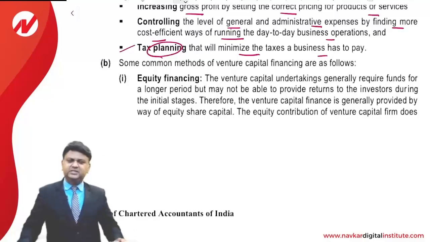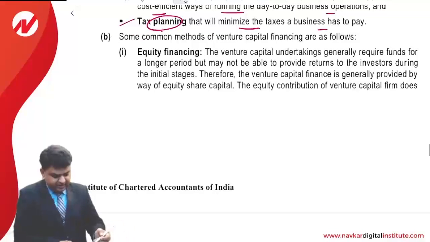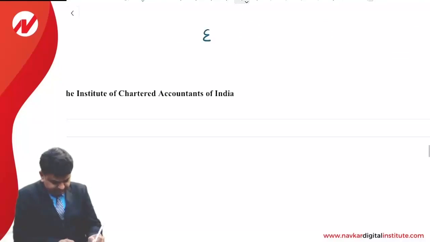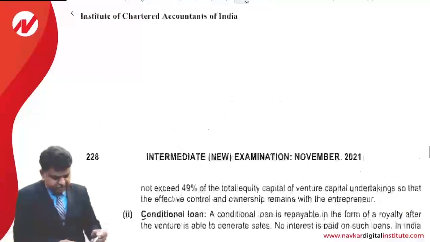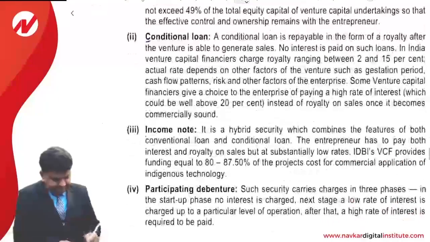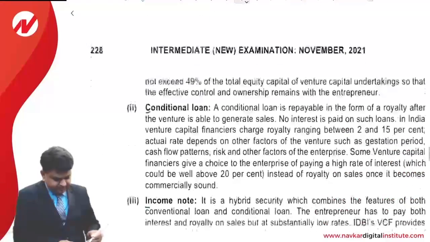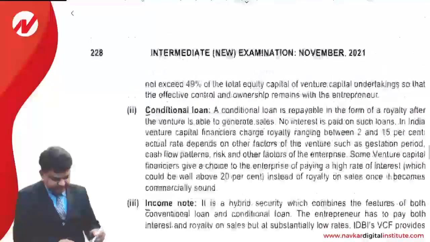So keeping this in mind, we are required to understand what are the methods by which you can have the financing. They have provided equity financing, then conditional loan, income note, and participating debenture.